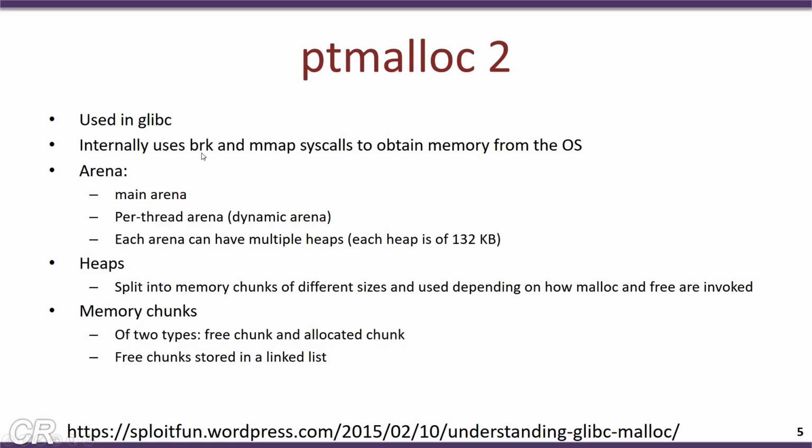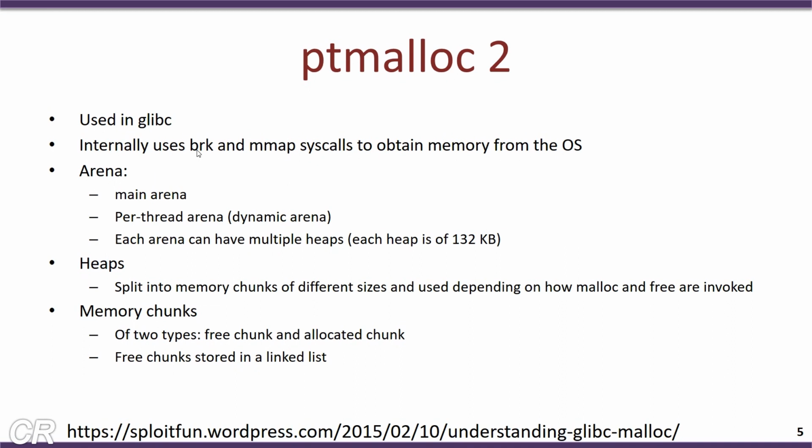So for example, if you write a C program and the first time you invoke malloc within that C program, internally malloc is going to invoke the brk system call. When the brk system call gets executed, the kernel would allocate a chunk of memory of size 132 kilobytes to the particular process.